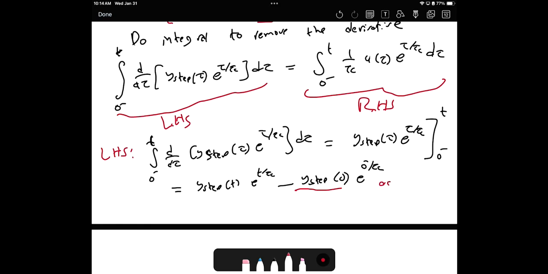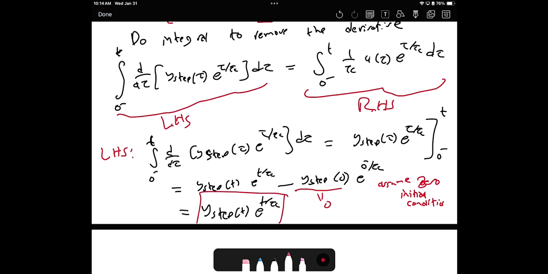Assuming the initial condition is 0, this term equals 0. Therefore, the left hand side will equal y step of t e power t over tau c. Okay? So now we're done with the first side.